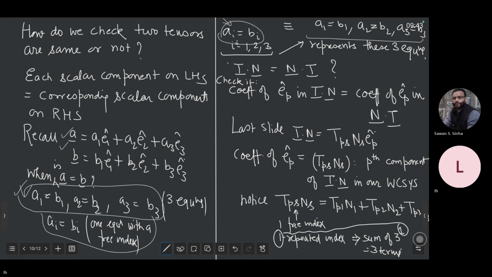Do you follow? Yeah. So let us extract the coefficient of EP hat. Hat मैं बार बार नहीं बोलता हूँ, but hat is implied. Coefficient of EP hat in T dot N. T dot N का expression जो था, that is what the expression we got. What is the coefficient of EP? TPSNS, right? You can also call that as the pth component of T dot N in your working coordinate system.